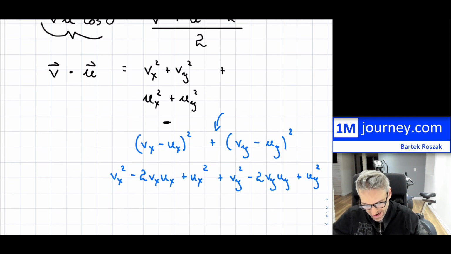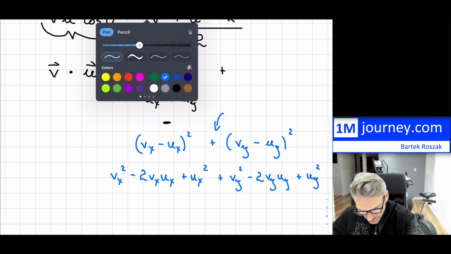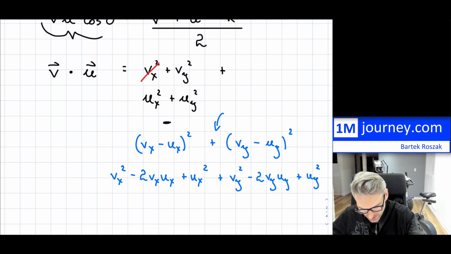But look what happens here. Because of this negative right here, you have vx squared minus vx squared, so that falls off. This is gone. Now vy squared minus vy squared is gone. ux squared minus ux squared is gone.